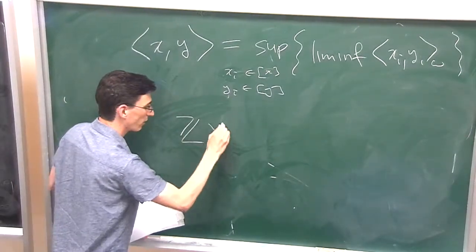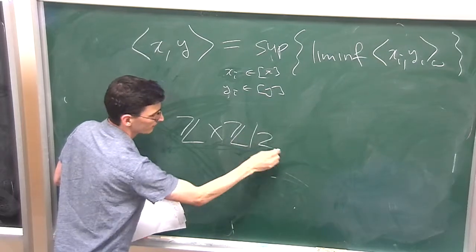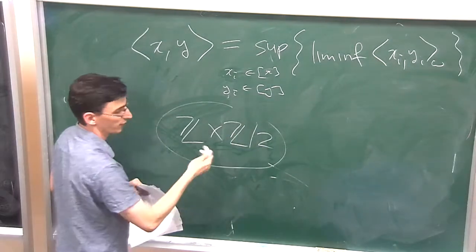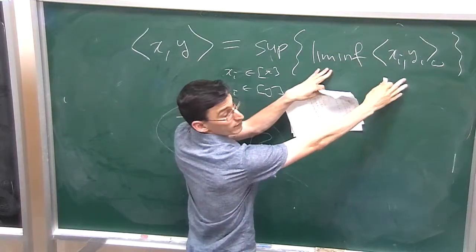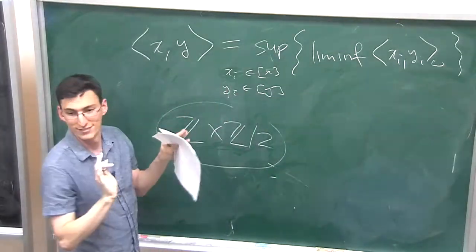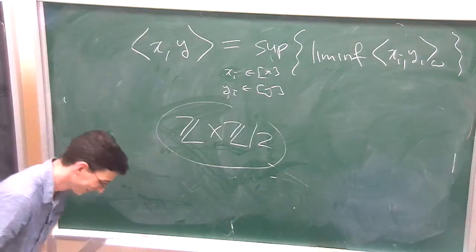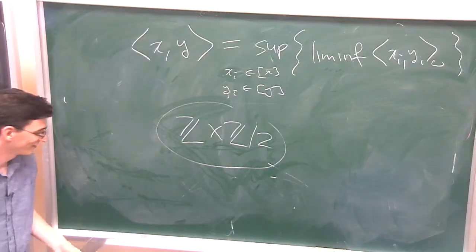If you sit and think about Z by Z2, this will show you why you can't take easier things like just the lim or the lim inf. You have to throw the sup on.